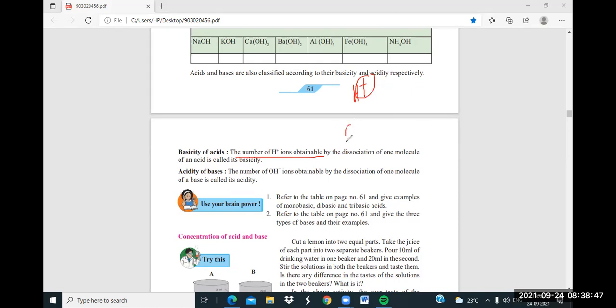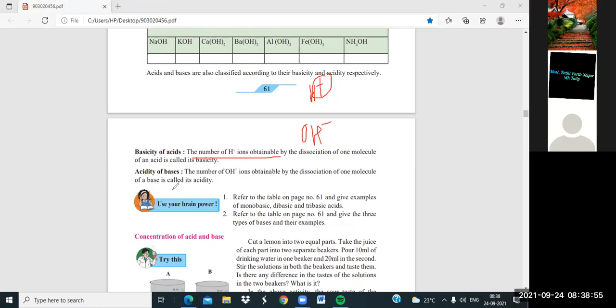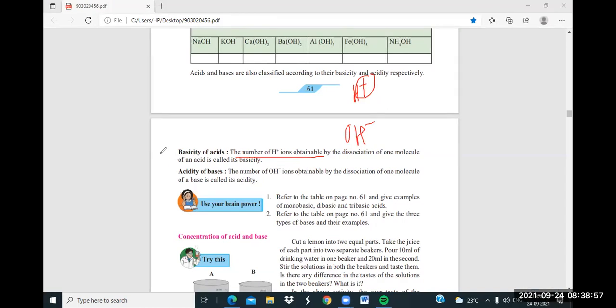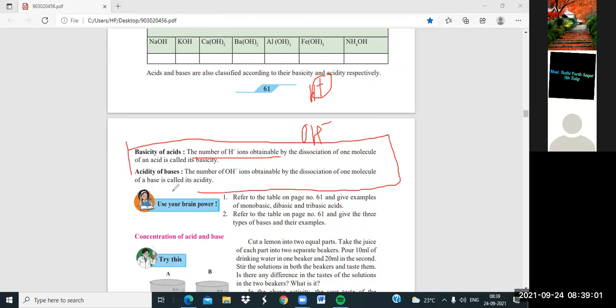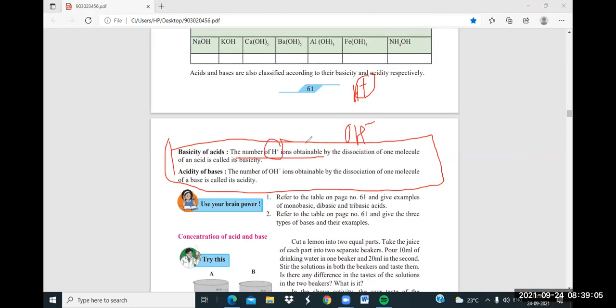And the number of OH minus ions obtained by the dissociation of one molecule of a base is called its acidity. Got it? Acidity of bases. These definitions are very important. Remember this. Just see the words.